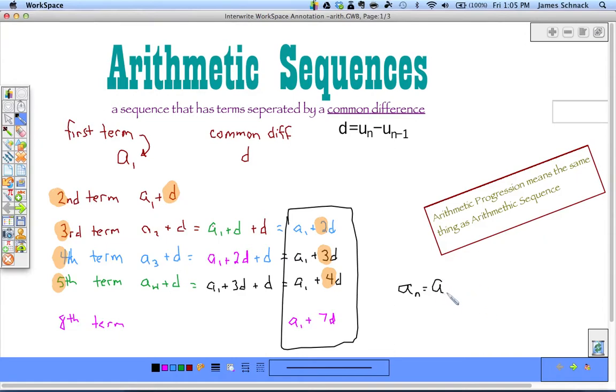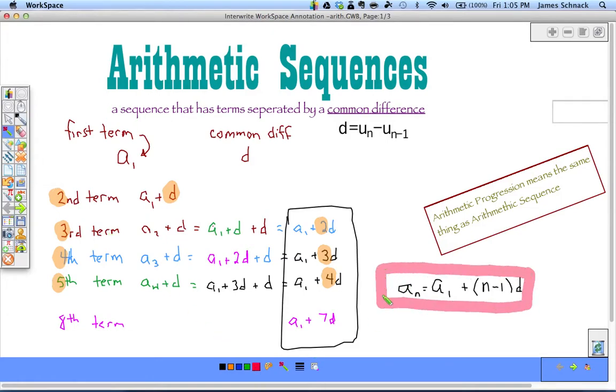So it's going to be the first term plus, now how can we describe how many times we're multiplying by D? Well, for the fifth term it was 4, the eighth term it was 7. So for the nth term it would be n minus 1 times D.